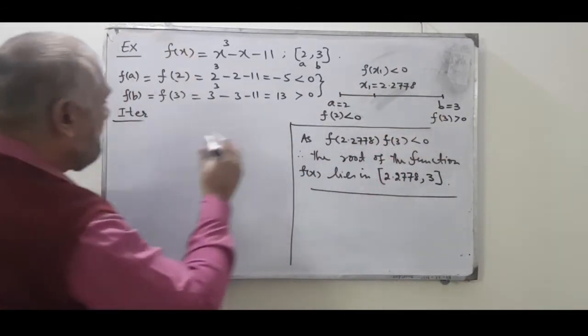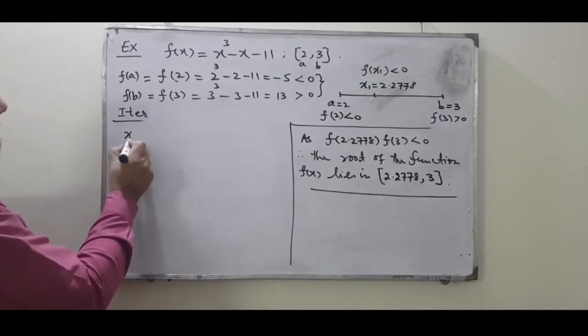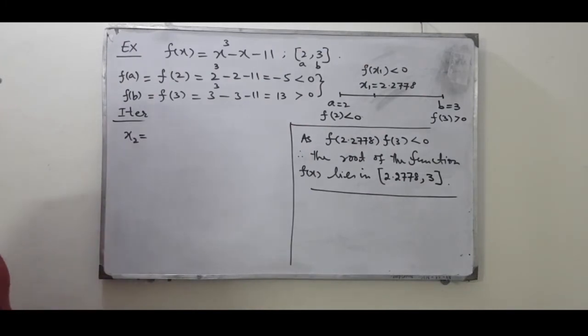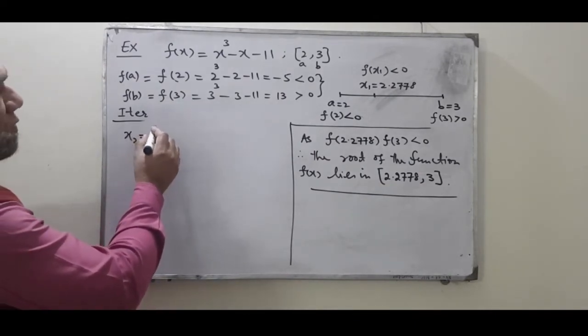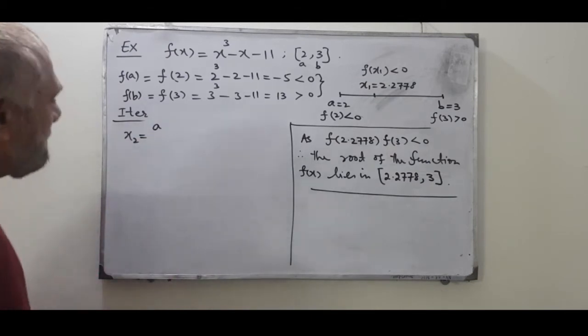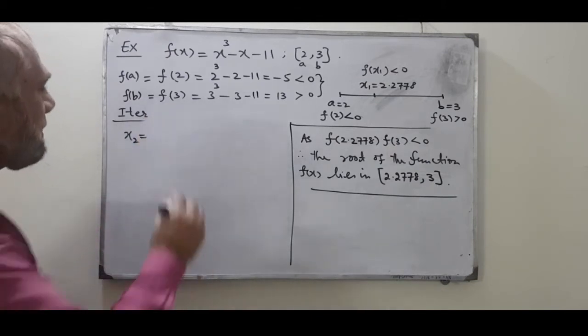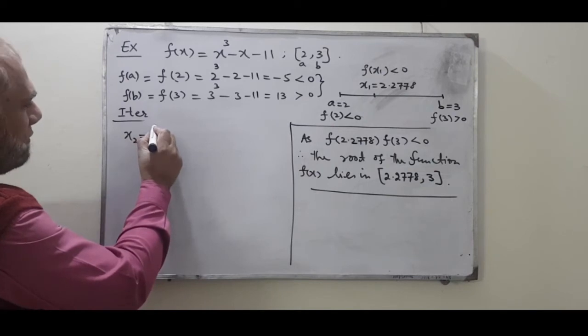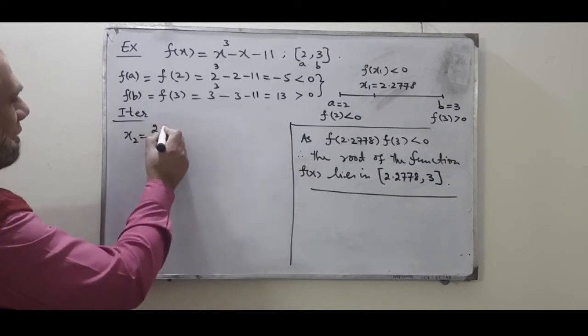So we write down the next approximation by x2. This is your next approximation, and x2 will be equal to a times, instead of writing a, we substitute the values directly without putting x1 or anything else.